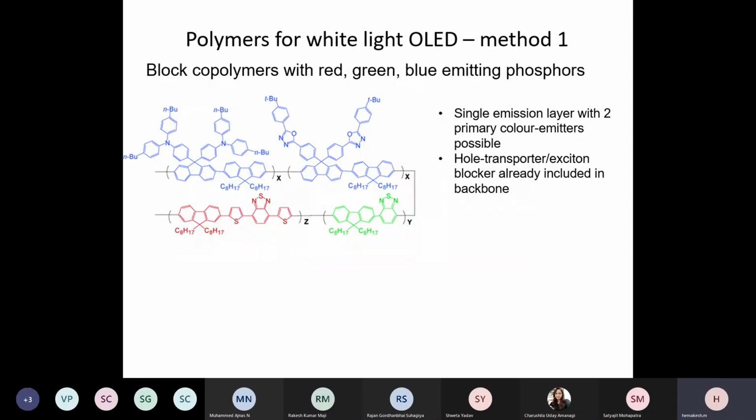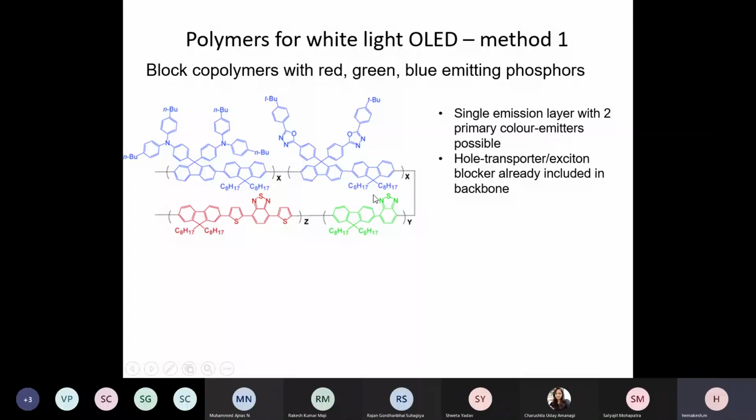There are complicated systems that emit from a single polymer that has blue emitting units. These are polyfluorenes having those nitrogen containing groups, and other fluorenes having another kind of group, and those taken together are blue emitters.